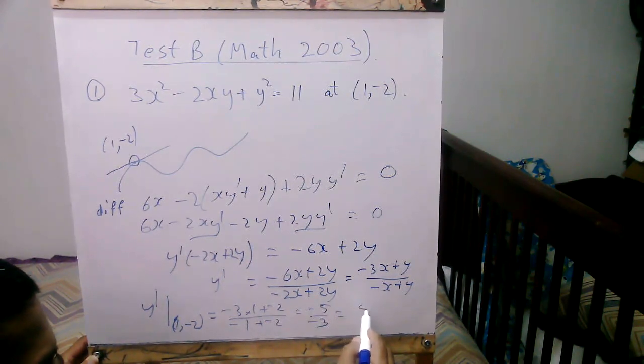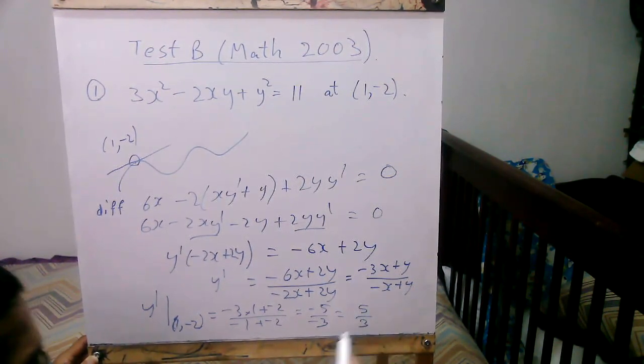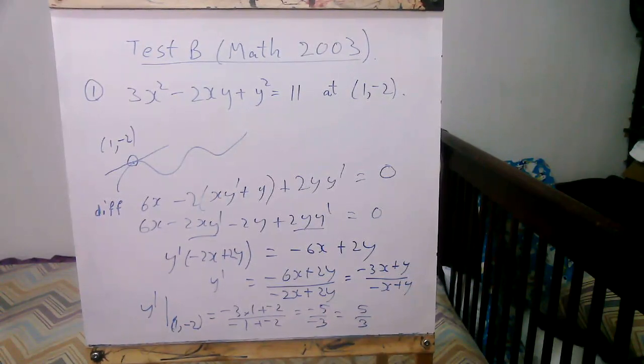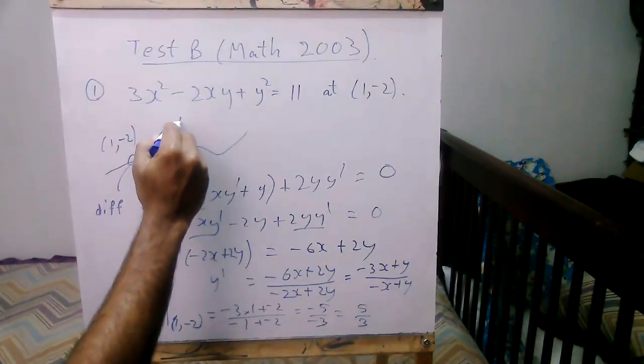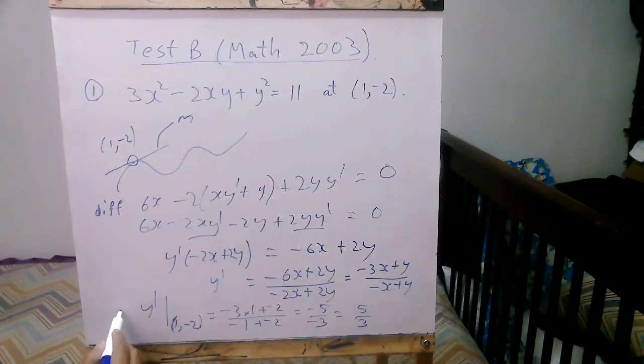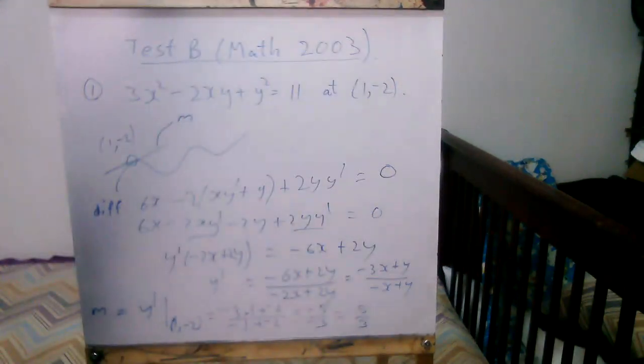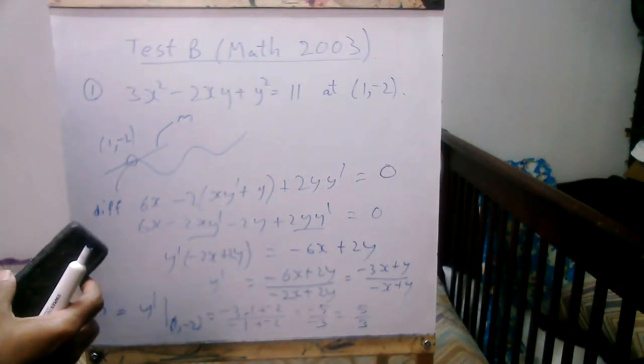This equals positive 5 over 3. That is the slope of the tangent line. Okay, that is question number 1.